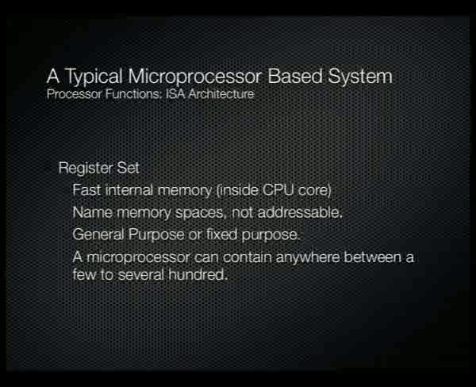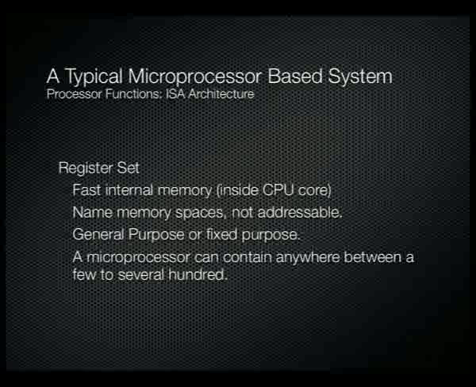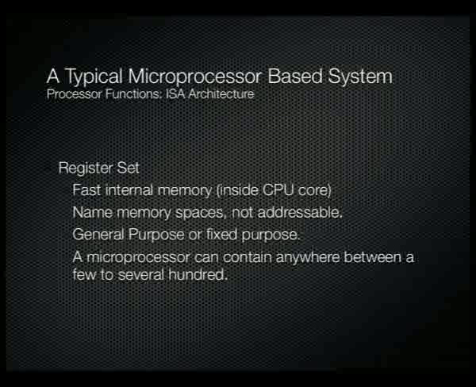Register sets are generally general purpose, or they can have a fixed purpose depending on their function. Generally you'll have a whole array of general purpose registers, but then you'll also have a series of registers inside the core that have a fixed particular purpose as well, and we'll get to talk about them in a second.